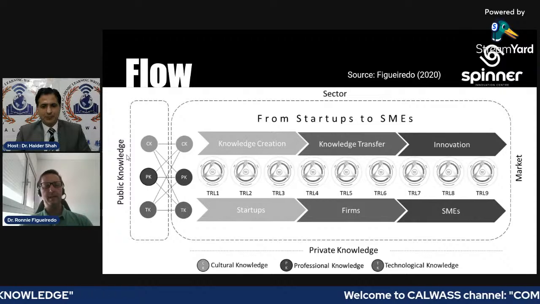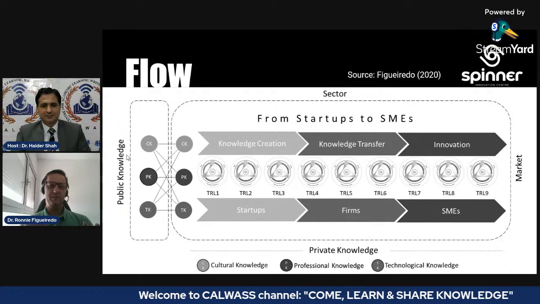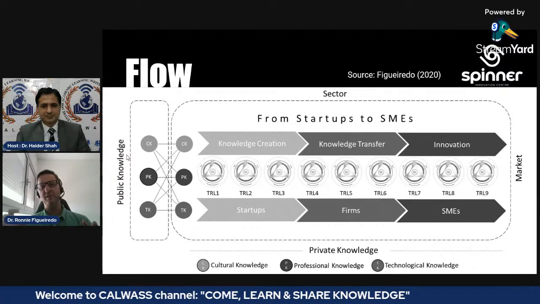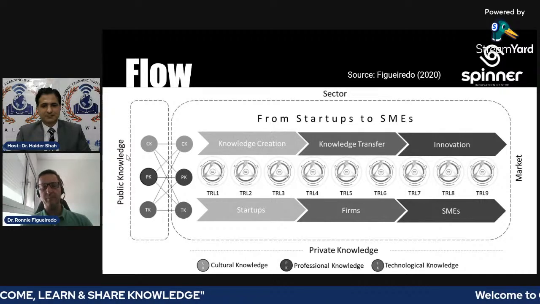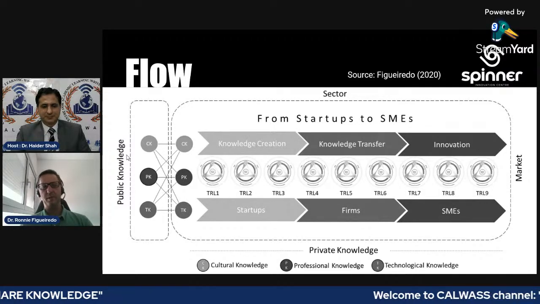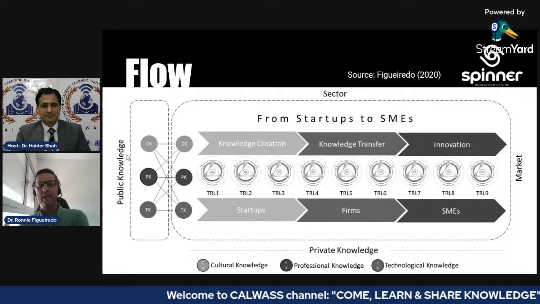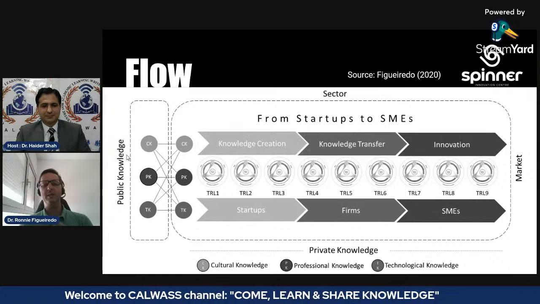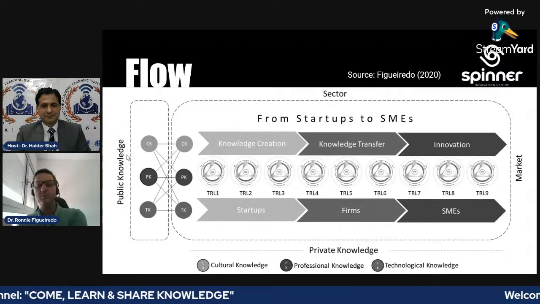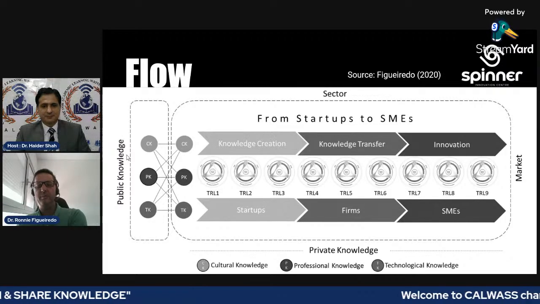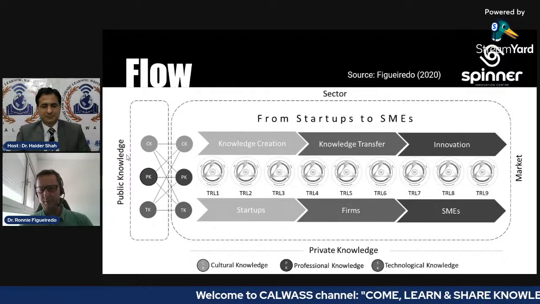Imagine you are a startup and you need to create knowledge, transfer knowledge, and create innovation. If you consider these three main steps as a process, in the end you are delivering to the market a knowledge-intensive solution with value added to support economic growth, economic development, and social impact for your local community.